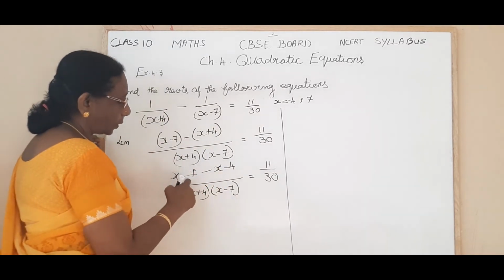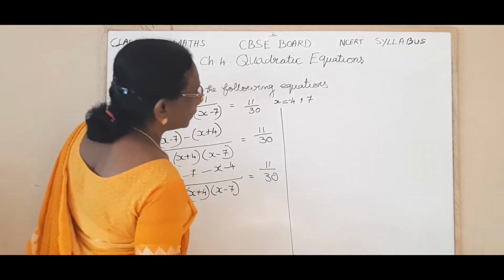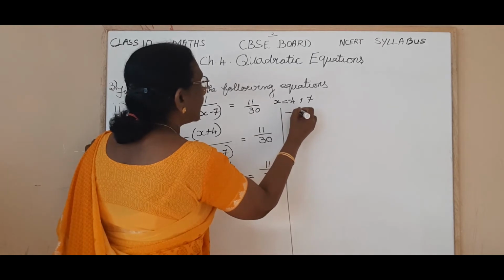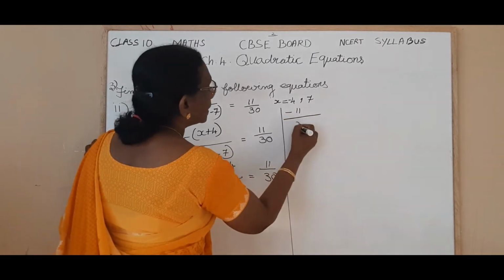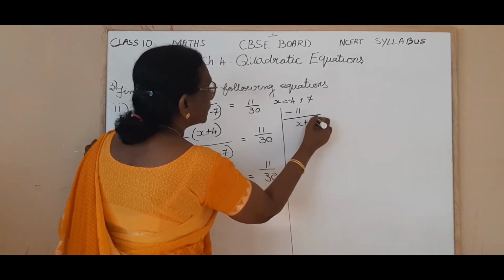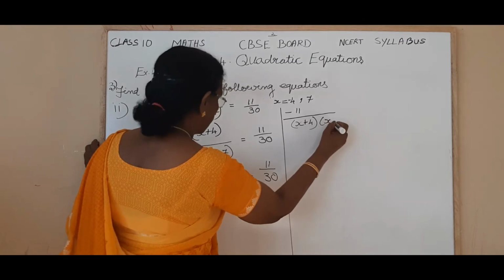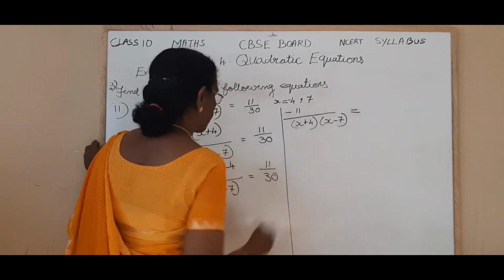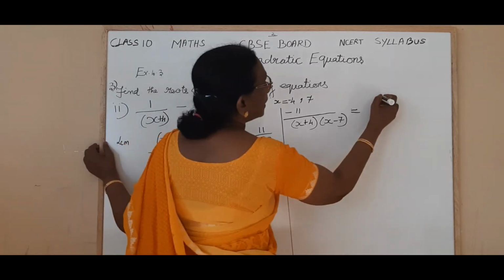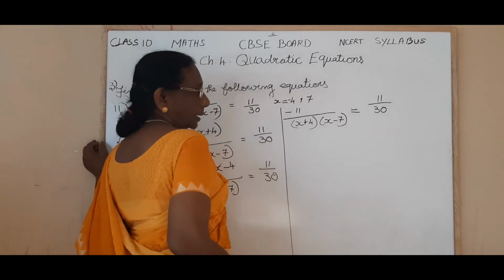So what is left over? Minus 7 and minus 4. So what do you get? Minus 11 by x plus 4 into x minus 7 is equal to 11 by 30.